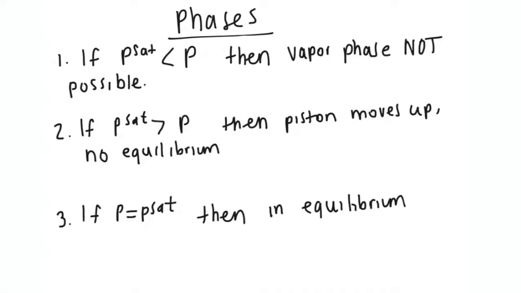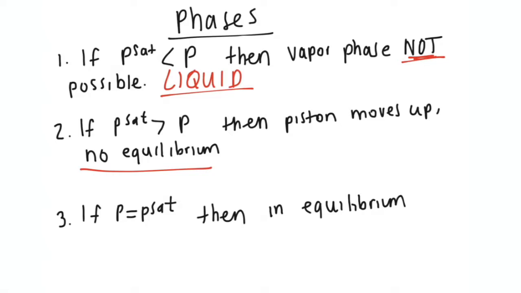If my saturation pressure, which I said can be calculated from Antoine's equation, or from other equations I'm going to show you coming up, is less than the pressure of the system, then vapor phase is not possible. So therefore I'm a liquid. If my saturation pressure is greater than the pressure of my system, then let's say I have some cylinder with a piston. This piston is going to move up, so we're just not going to be in equilibrium. No equilibrium possible.